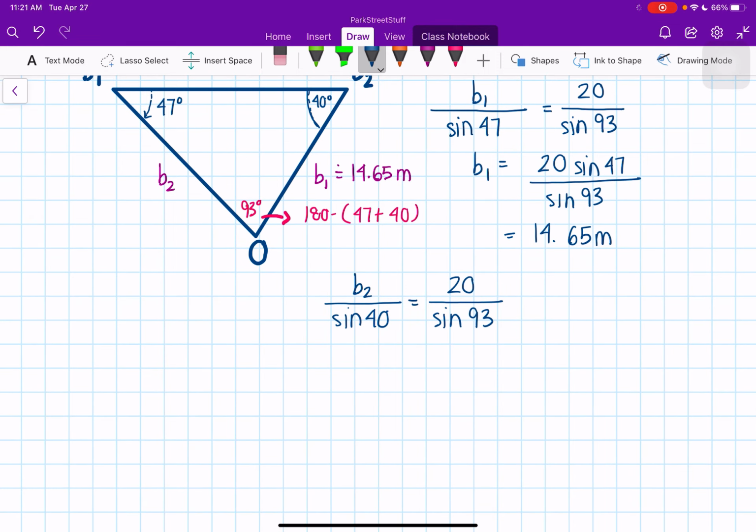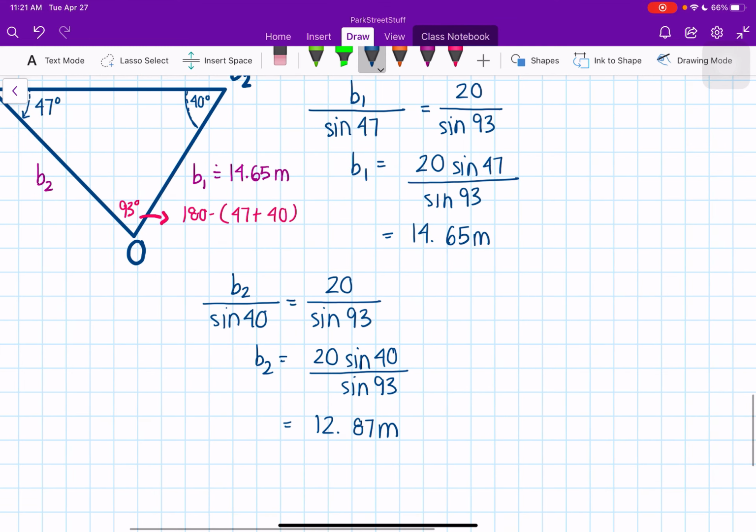So b2 is going to be 20 sine 40 all over sine of 93. And this is where our calculator is going to come into play. This will give us 12.87 meters.